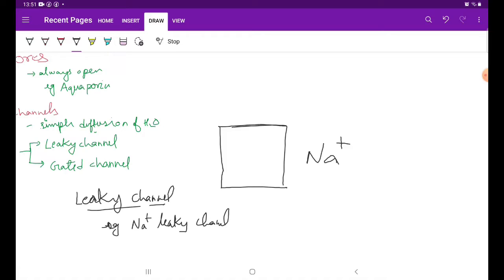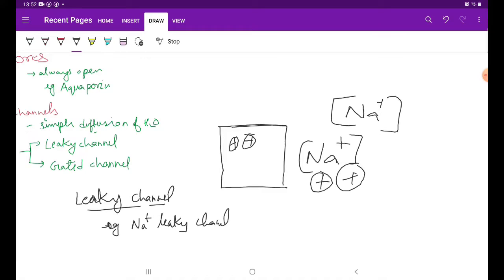Here the concentration gradient is higher outside compared to the inside of the cell. So based on concentration, the sodium goes inside.